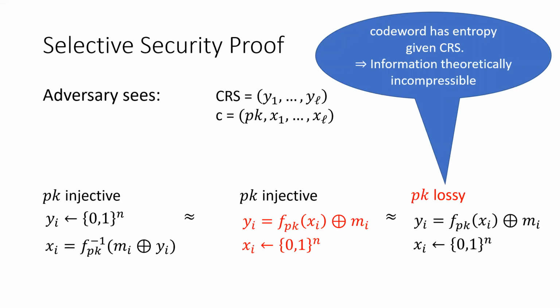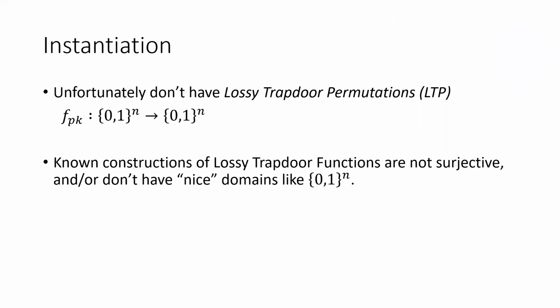And then we argue that even given the CRS, it's impossible to compress the code word. So we did a sequence of hybrids where we moved the information about the message to the CRS and the code word was really random, had real entropy. So that's pretty much the entire proof.